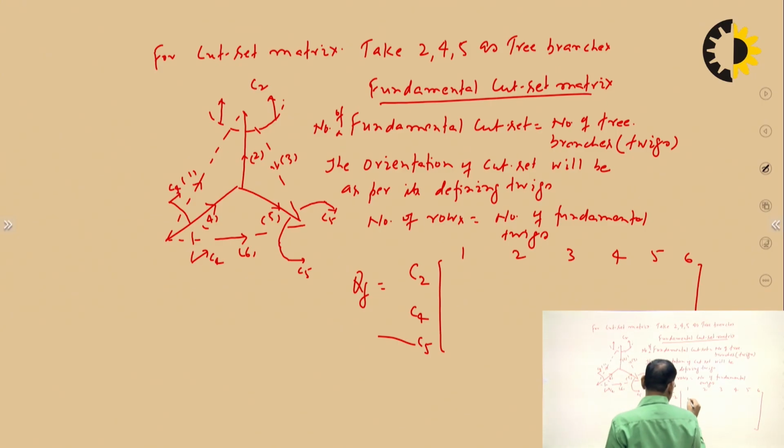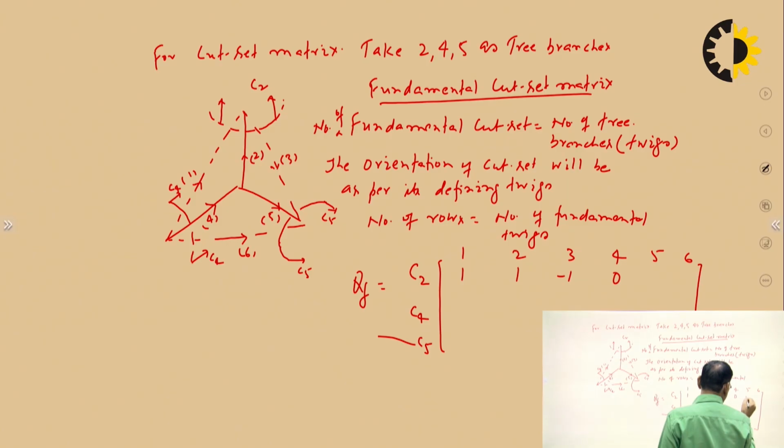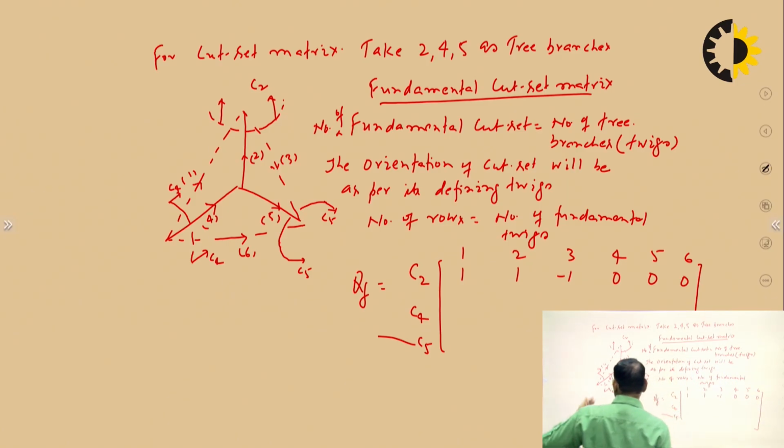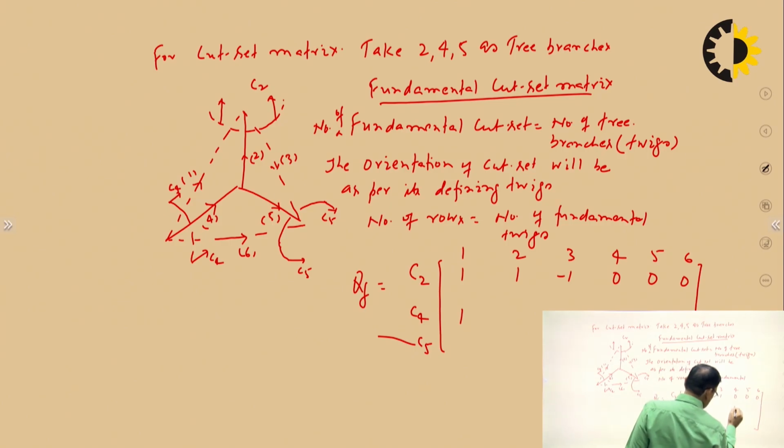So it will be 1. 2 will be 1. 3 is against the direction, so it is -1. 4, 5, 6 are not involved, so remaining elements will be 0. Come to the C4. So C4 has 1, 4, 6. So 1, 4 and 6 all positive. Other branches will be 0.